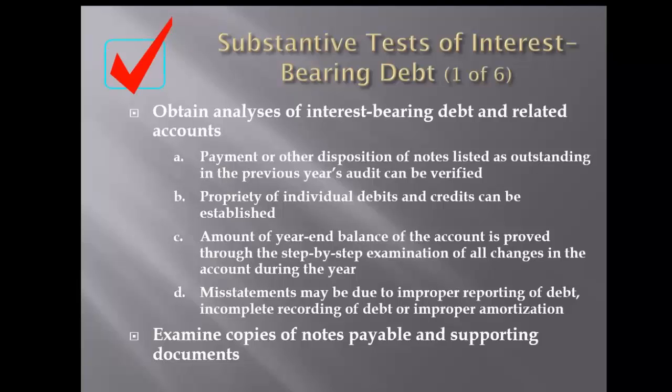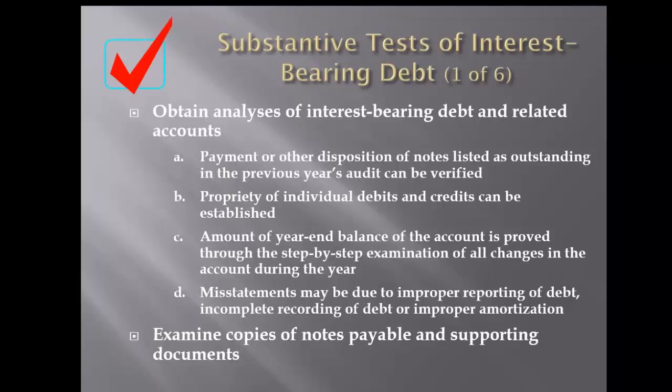So let's talk about a couple of things in terms of our substantive testing. And again, this is going to be the primary focus, because what we're looking at is monetary misstatement. And again, we're focusing here on debt. Obtain analyses of interest-bearing debt and related accounts. Payments or other disposition of notes listed as outstanding.